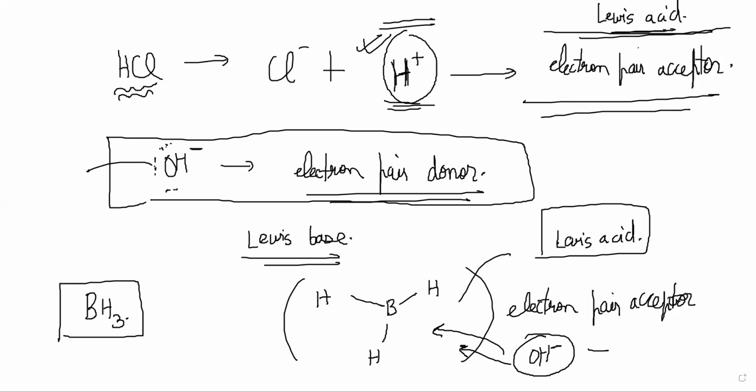Ammonia has a lone pair of electrons on the nitrogen, and that lone pair is being donated to the proton to form NH4 plus. So lone pair, electron pair donor will be a base. An electron pair acceptor will be an acid. So H plus is the acid, NH3 is a base.